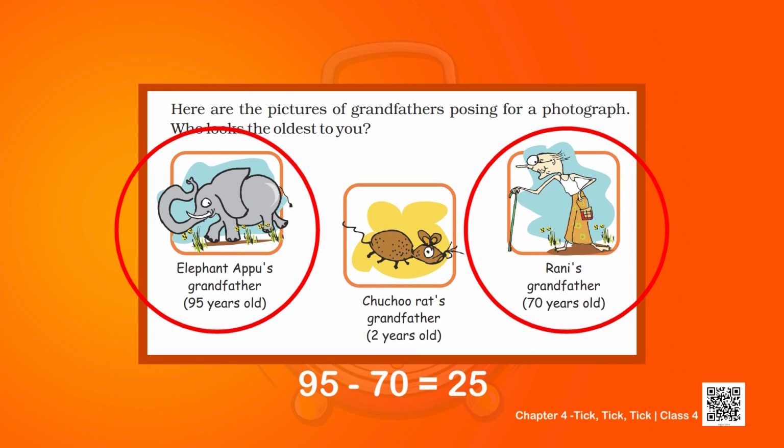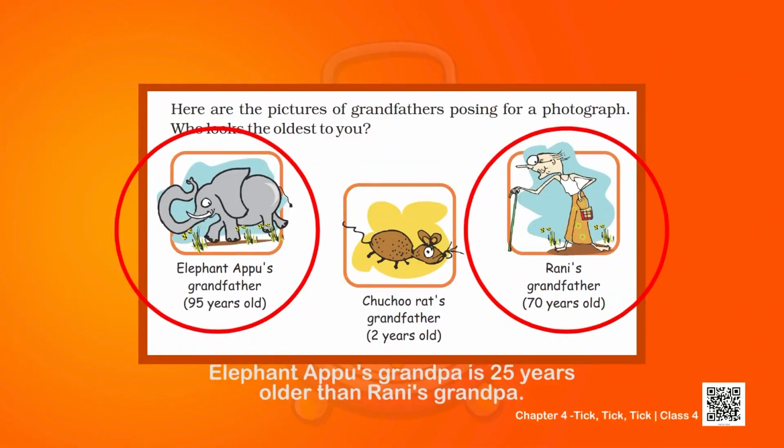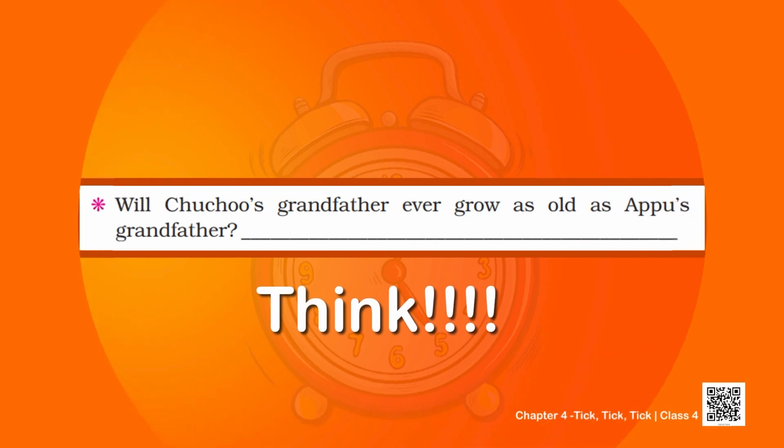That means 95 minus 70, which is equal to 25. So, Elephant Appu's grandpa is 25 years older than Rani's grandpa. Here is a question for you to think. Will Chuchu rat's grandpa ever grow as old as Elephant Appu's grandpa? Think.